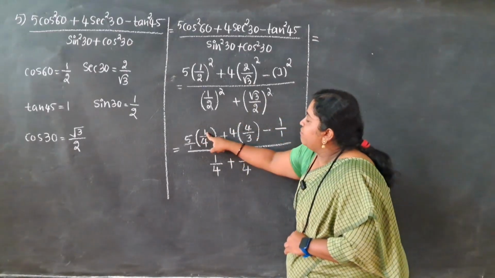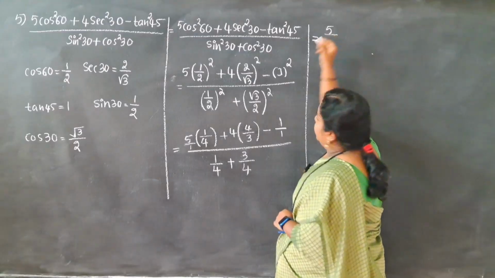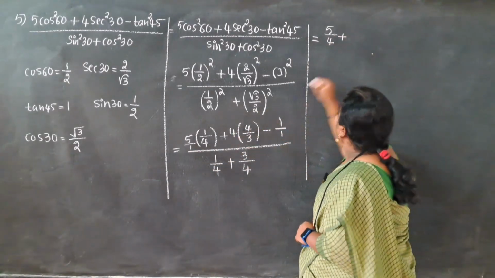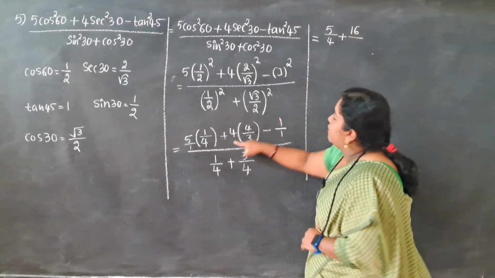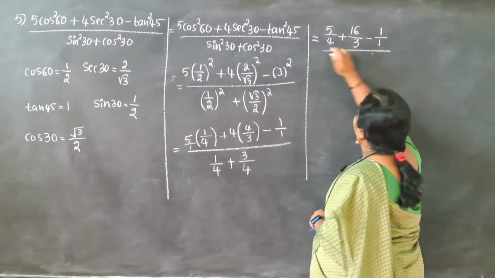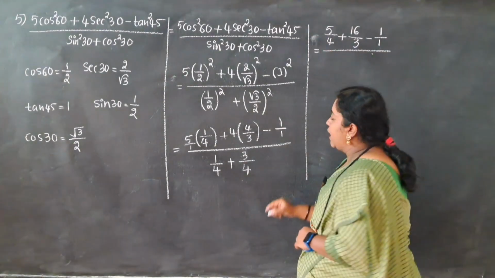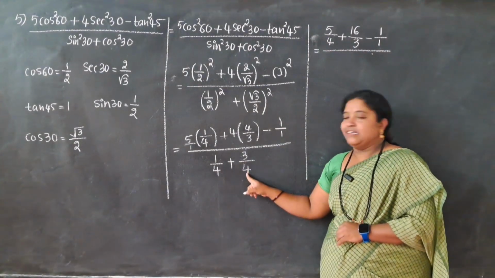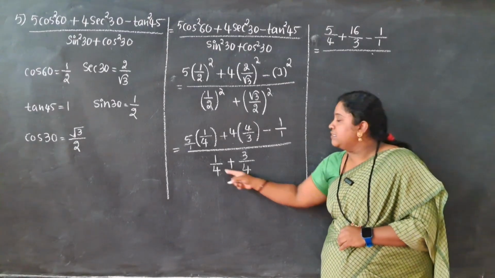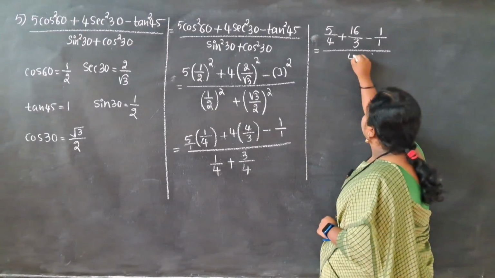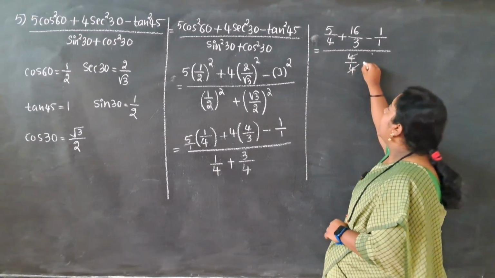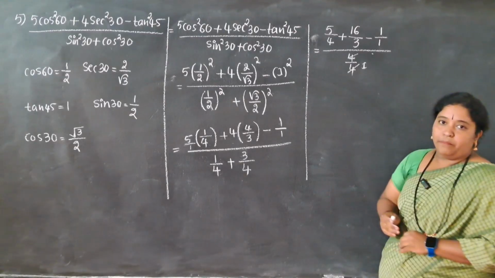Simplify this. 5 ones are 5 divided by 1 fours are 4, plus 4 fours are 16 divided by 1 threes are 3, minus 1 by 1, whole divided by 1 by 4 plus 3 by 4. When denominators are the same, we directly add the fractions. So 1 by 4 plus 3 by 4 will become 4 by 4. In the denominator part, 4 got cancelled, I'm left with 1. So I'll leave the denominator now.